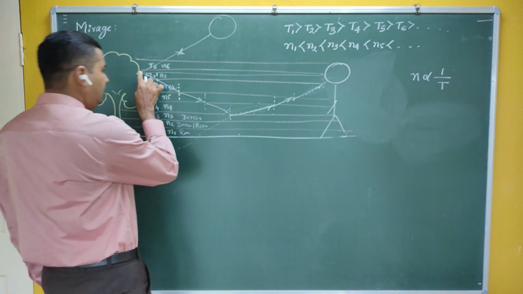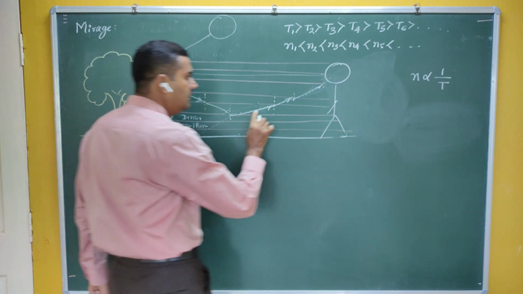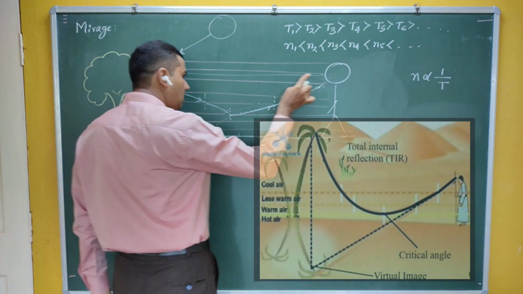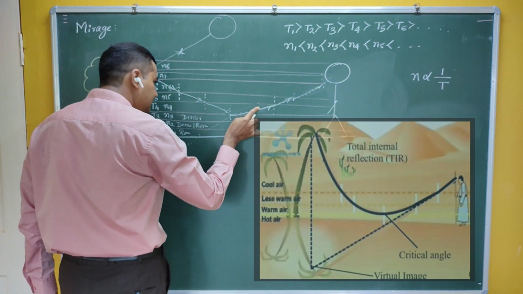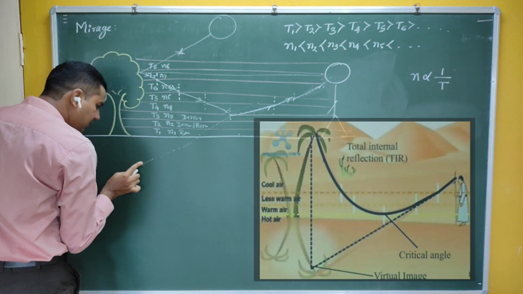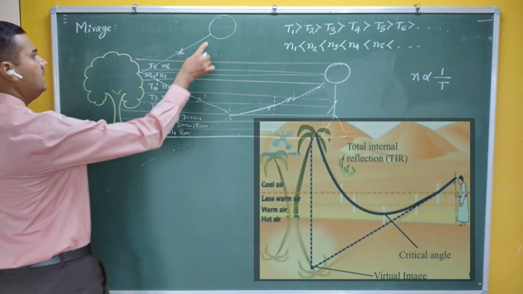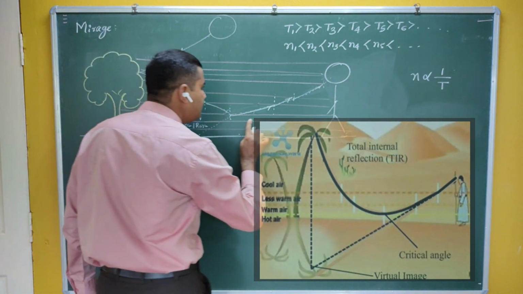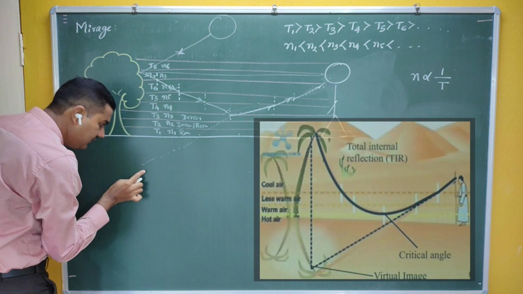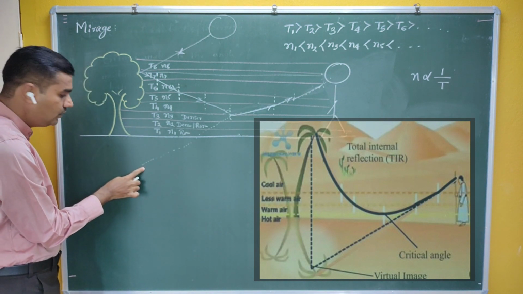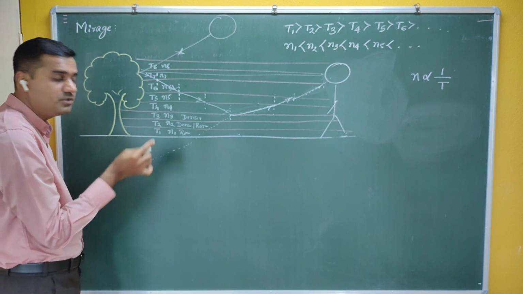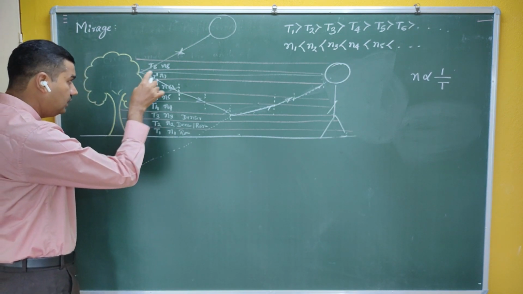Actually the ray is coming from this point, but if I retrace the path of light, then the observer thinks that this particular ray is coming from this particular point. If we take millions of rays here, for the next ray the same phenomenon takes place. So this particular point appears to be pointed here. Now that is not the actual position, it is the apparent position, it is an optical illusion.